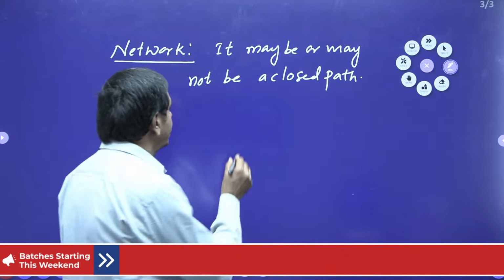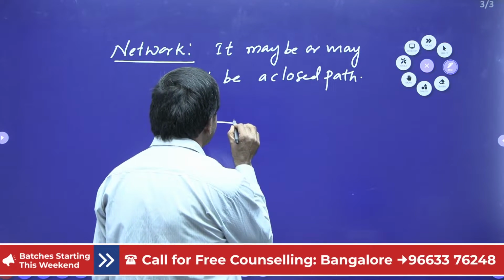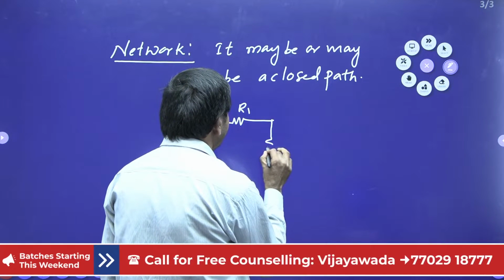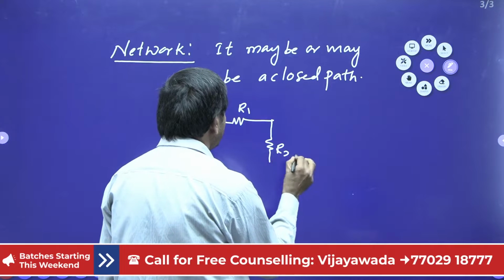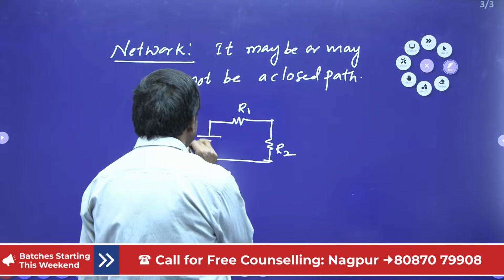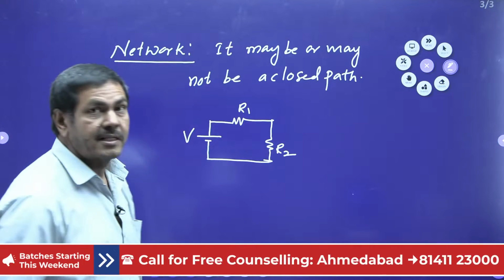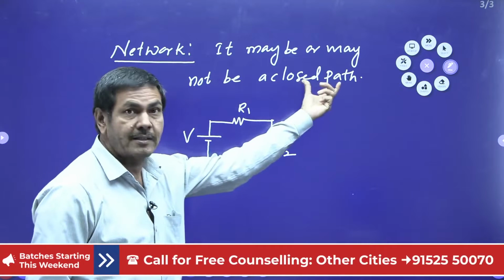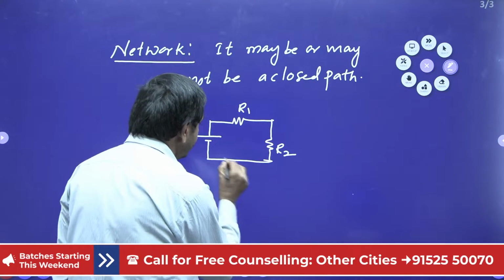For example, I have drawn like this. The same resistance R1 I connected, here I connected a resistance R2, and I connected some voltage. Sir, is it a network or a circuit? I said it may be a closed path. Yes, we have a closed path.